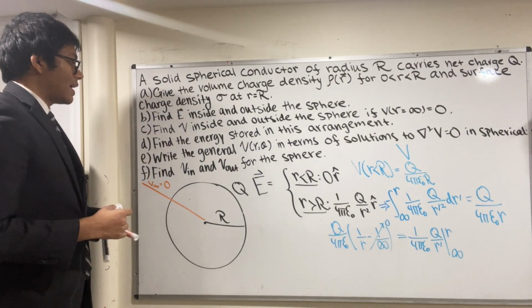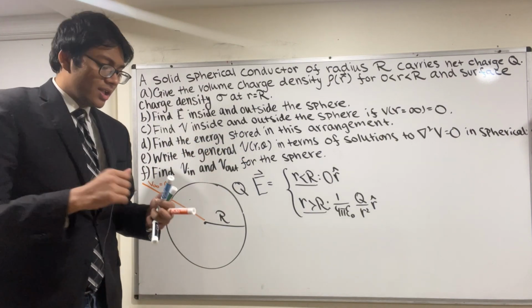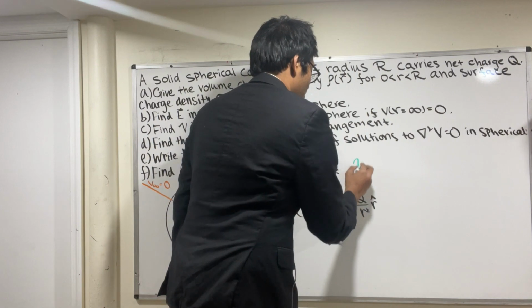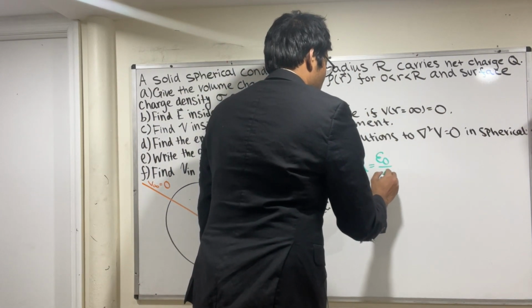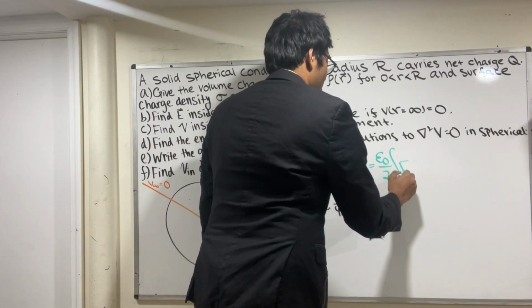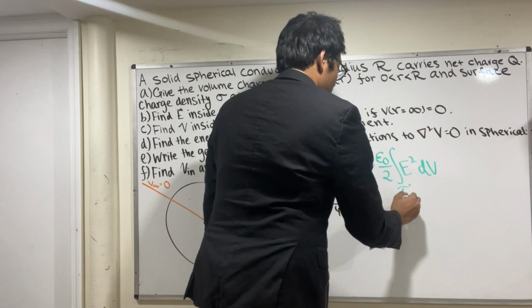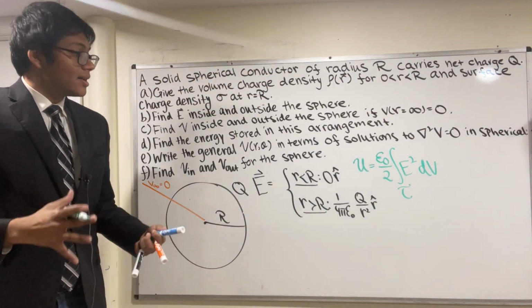Okay, let's take a look at part D. Find the energy stored in this arrangement. Well, we recall that the energy for any electrical arrangement is simply epsilon naught over 2 times the integral of the electric field squared over the volume. Now, in this case, we have to break up this integral.